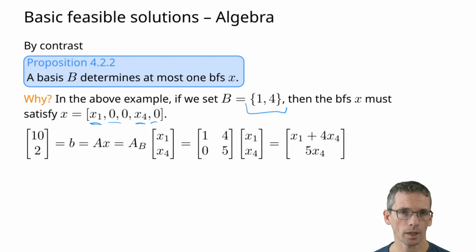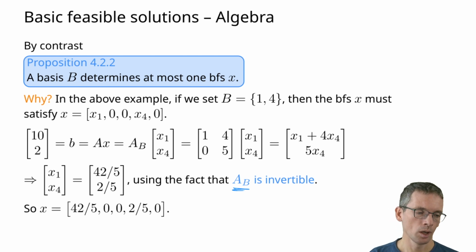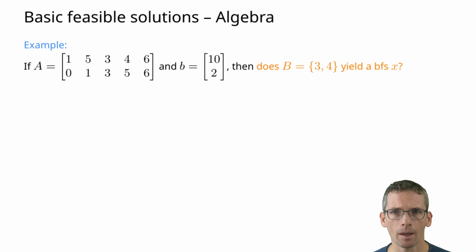There is exactly one solution, which you can also see by the fact that because A_B has full rank, you can get the solution by inverting A_B and then multiplying b with that, and this gives you a unique solution. So any basis determines at most one basic feasible solution, but a basic feasible solution can belong to several bases. One more example.